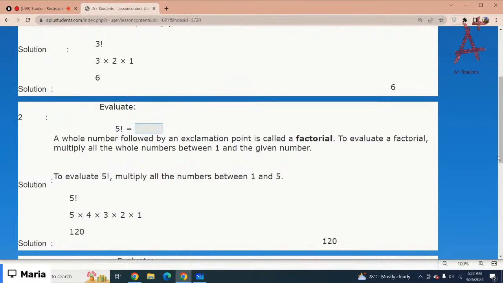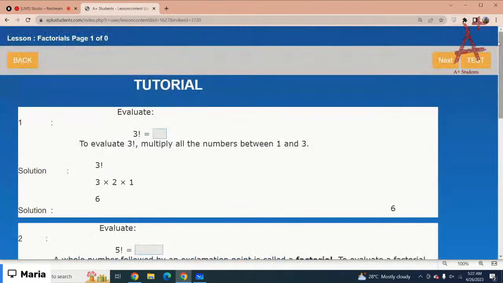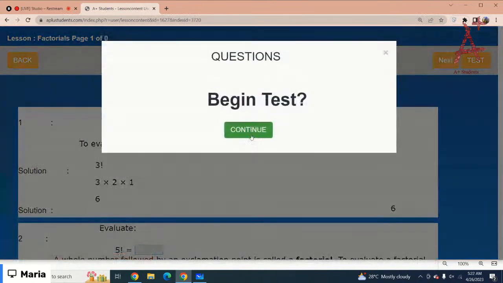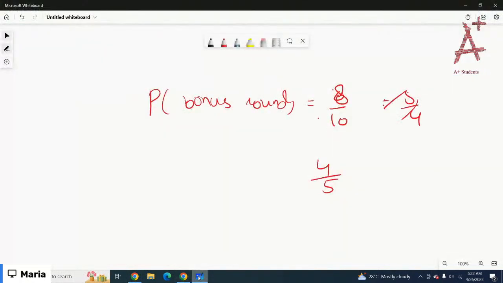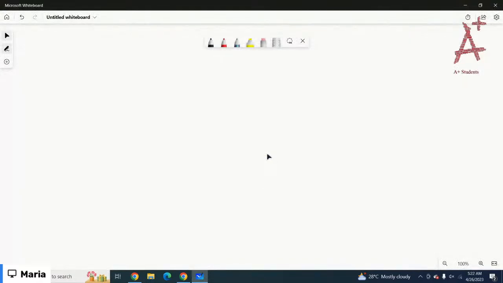Okay, let's just start with the test questions. Here you have 9 factorial. So you have to multiply all the numbers between 9 and 1. It would be 9 times 8 times 7 times 6 times 5 times 4 times 3 times 2 and 1.